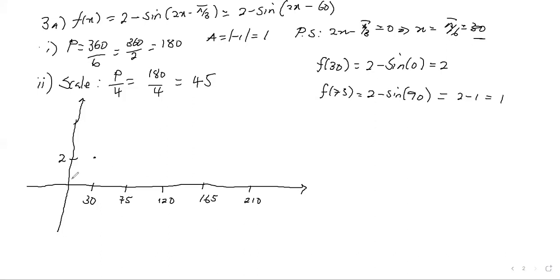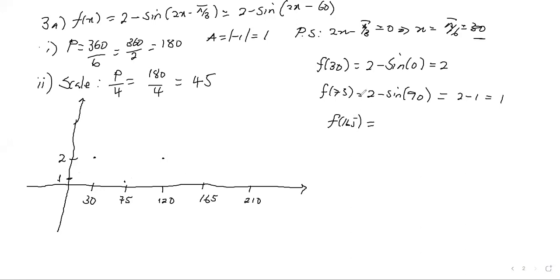So we put 1 there, and we have a point there. Then we go back. The next number will take us back to 2 for sine, so we skip it. We go to the fourth number, 165.